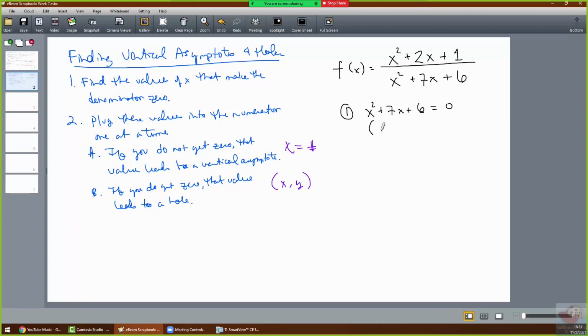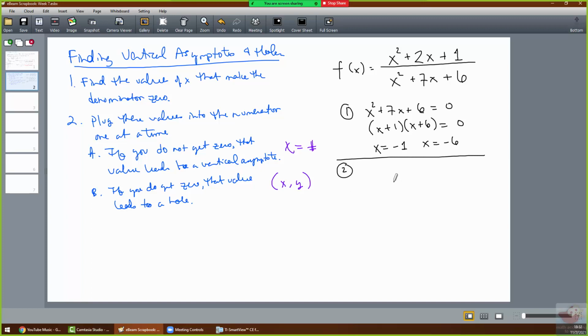Could that be x plus 1 and x plus 6? It can. So the numbers that make the denominator 0 would be -1 and -6. So that's step 1. Questions on step 1?